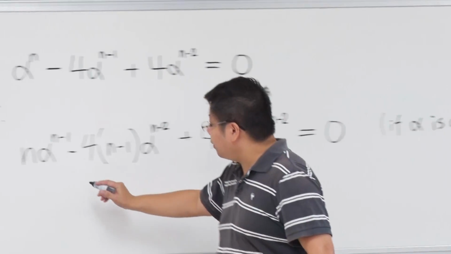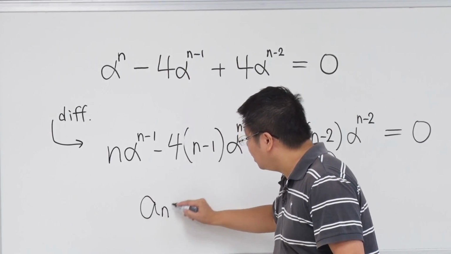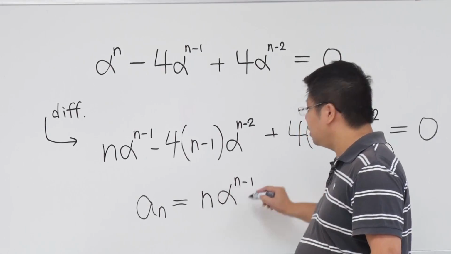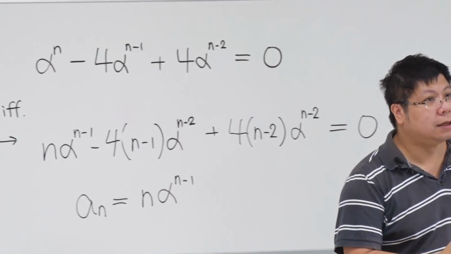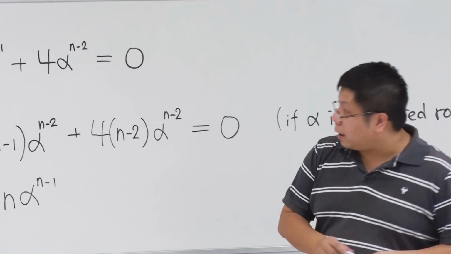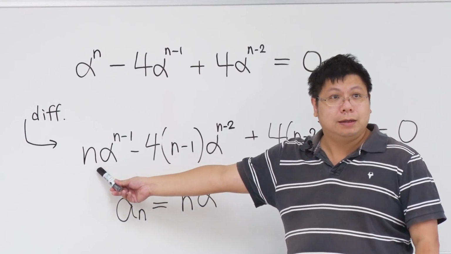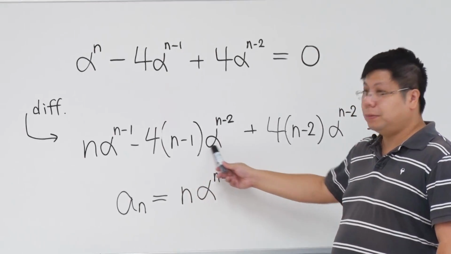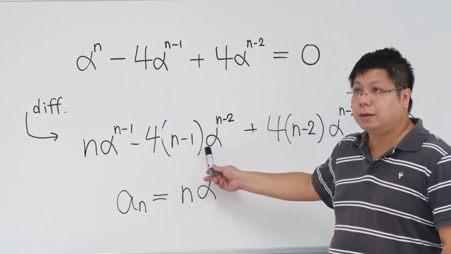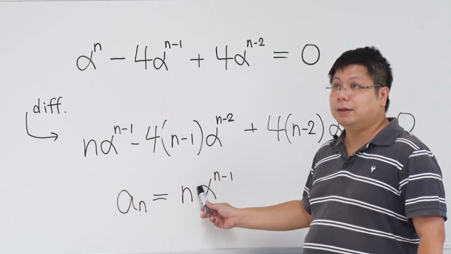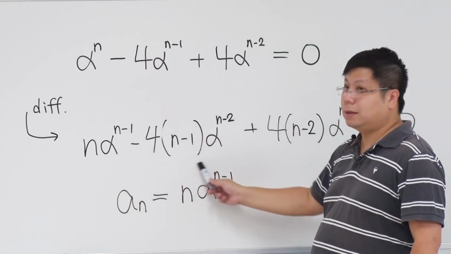Let's take a look. If I set an to be something like n times alpha to the power n minus 1, then this will become an. This is an, right? This is the same as this one, right? And what is this?